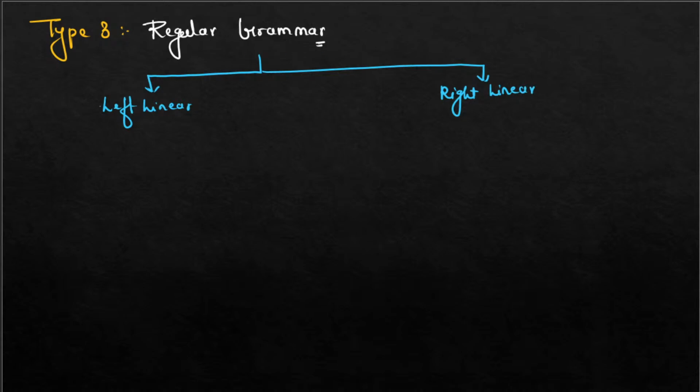It's like V deriving V T star, or V deriving T star. Left linear means V deriving T star V, or V deriving T star, like this. So at most one variable on the right-hand side of the production should be there, and any regular grammar can be converted to an unambiguous grammar.